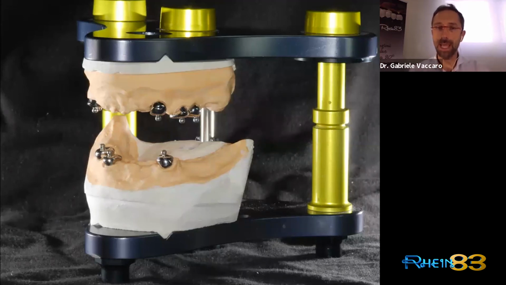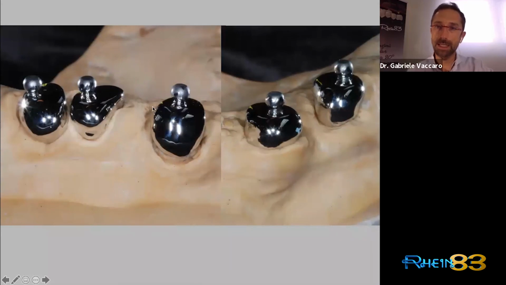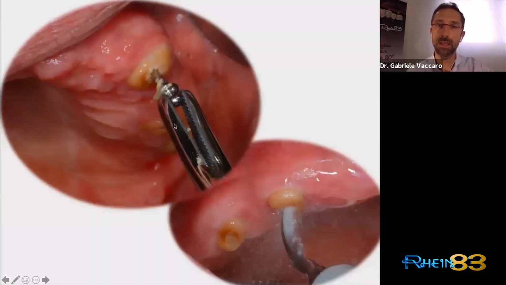So we can place the ball attachment in a more convenient place, out of the aesthetic zone, for example perpendicular to the occlusal plane, so the wearing rate of the sphere is preserved. Or we can put it more palatal or lingual. Exactly like this, they are all perpendicular to the occlusal plane because we mounted them with the parallelometer.